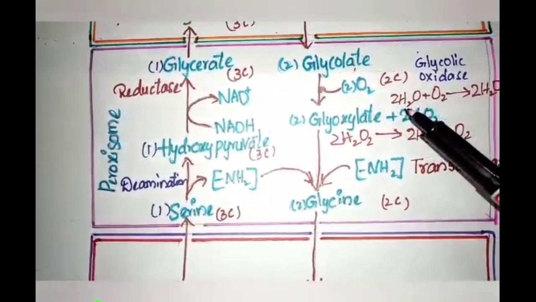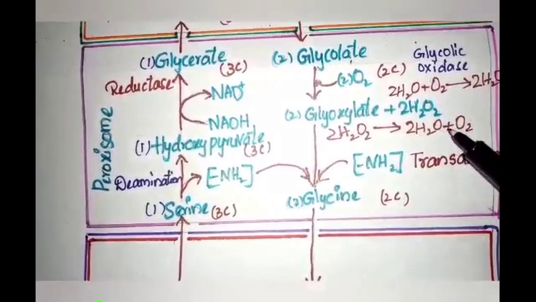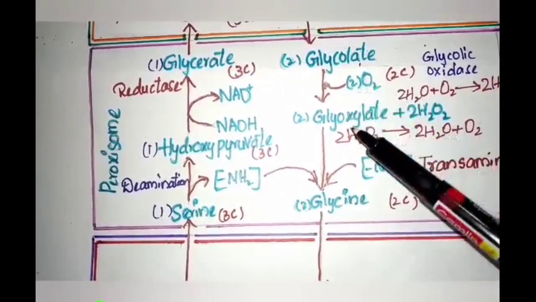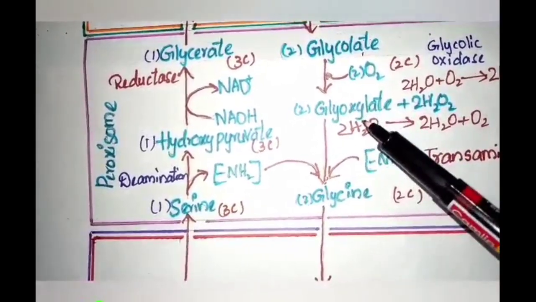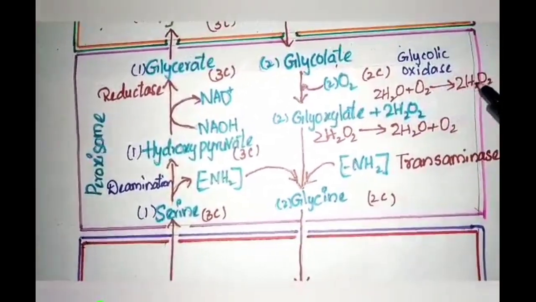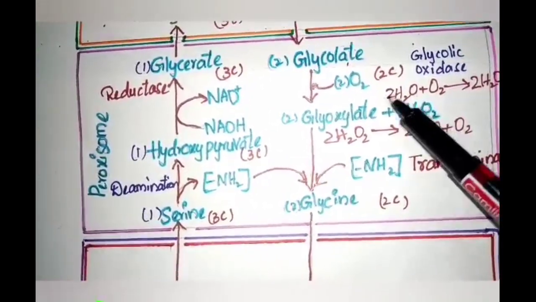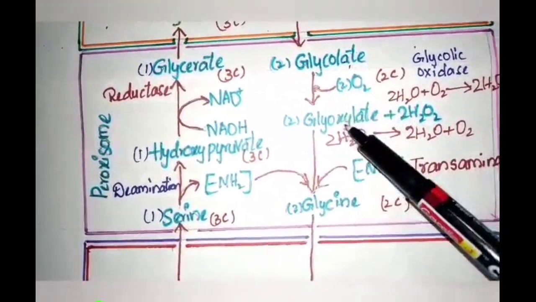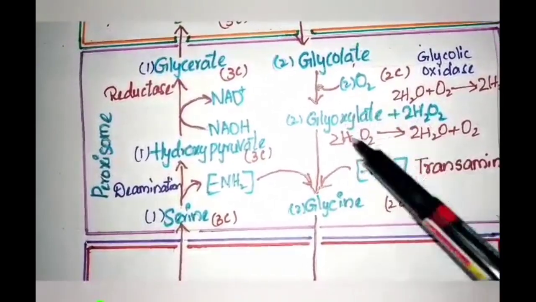Here hydrogen peroxide is splitting into water plus oxygen. This oxygen is used along with glycolate to convert into 2 glyoxylate. Water molecules plus oxygen convert into hydrogen peroxide, and hydrogen peroxide is converted into oxygen plus water molecule. So oxygen will be added along with this glycolate, and in the peroxisomes, hydrogen peroxide is released from glyoxylate.